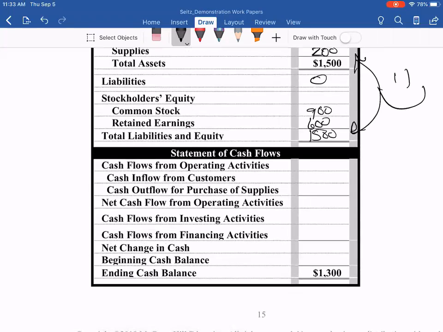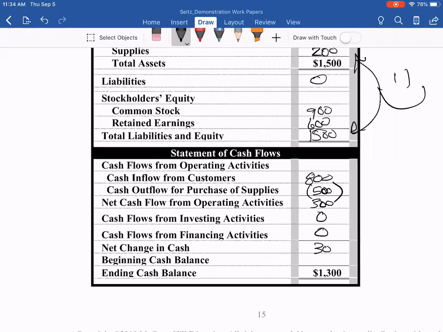Cash flow from customers, I received 800 in services, and purchases of supplies is out. So I show a $300 net cash inflow from operating activities. There was no investing activities. I had no financing activities.